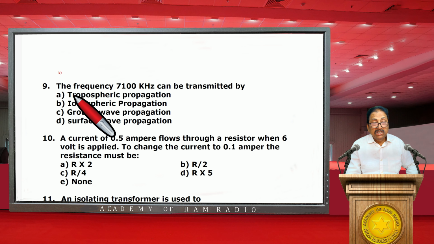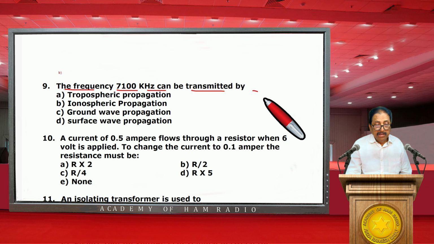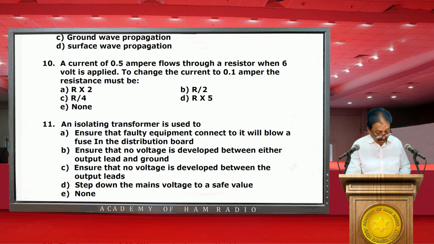The frequency 7100 kilohertz can be transmitted by, this is an HF frequency, so naturally it will be transmitted by ionospheric propagation. A current of 0.5 ampere flows through a resistor when 6 volts is applied.